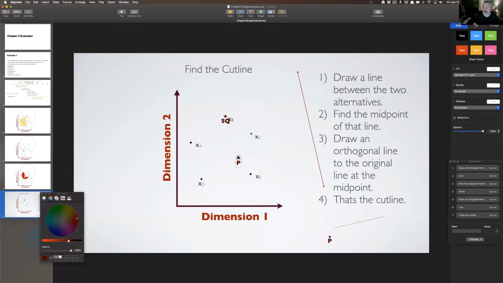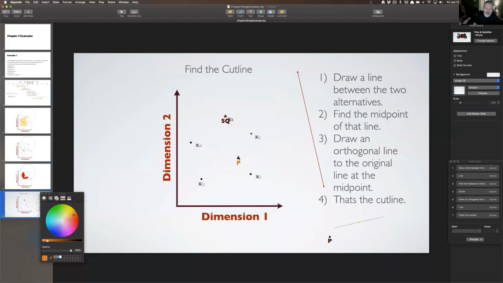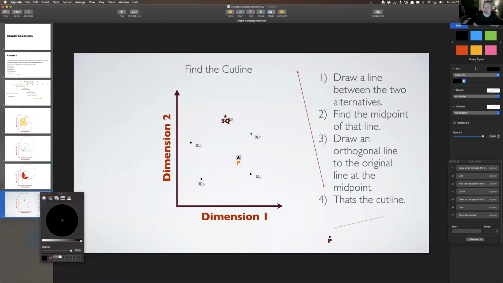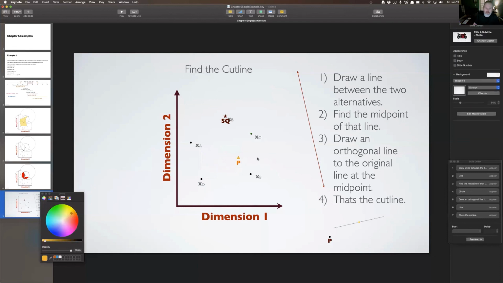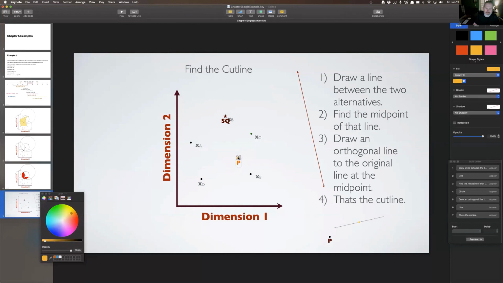Let's make these some other color, like orange.